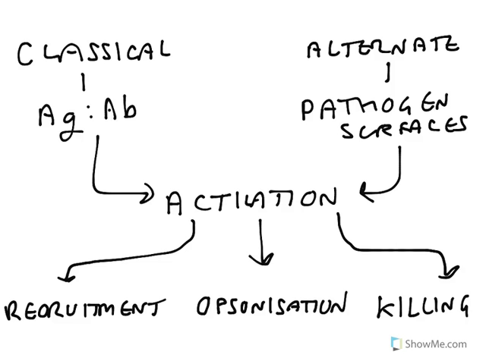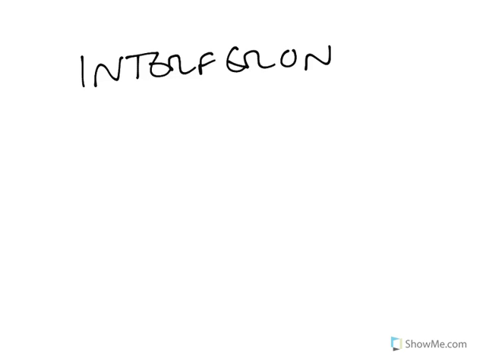Now, the second system I want you to think about is the interferon system. And there are various different types of interferon, but the types of interferon I want you to think about are interferons alpha and beta.